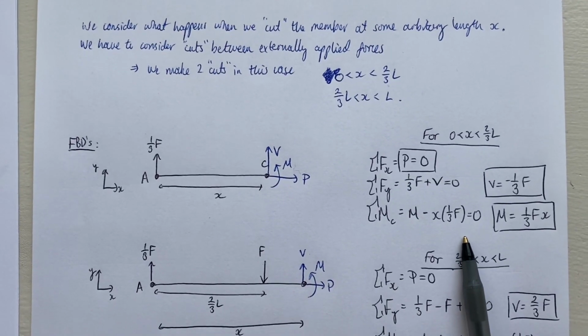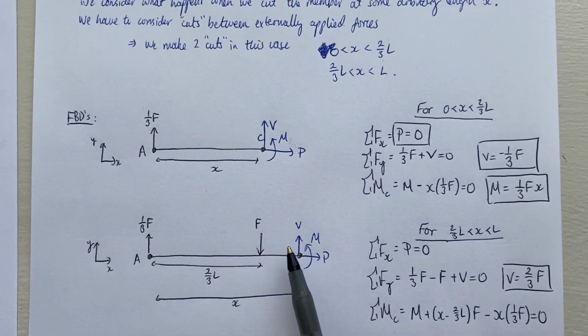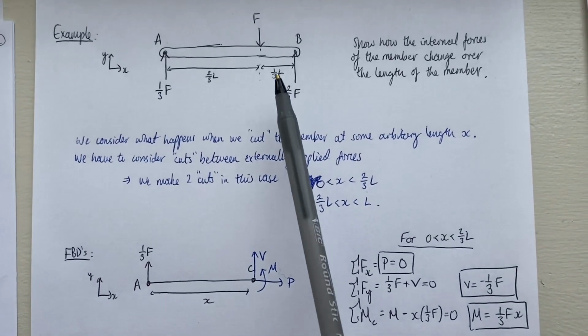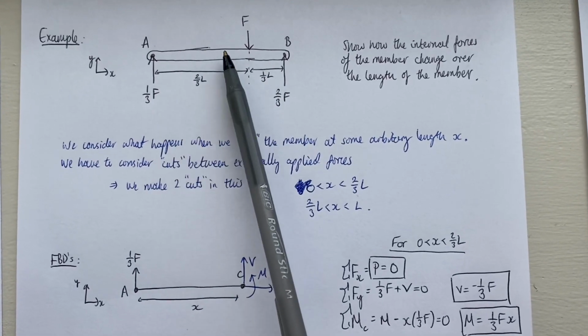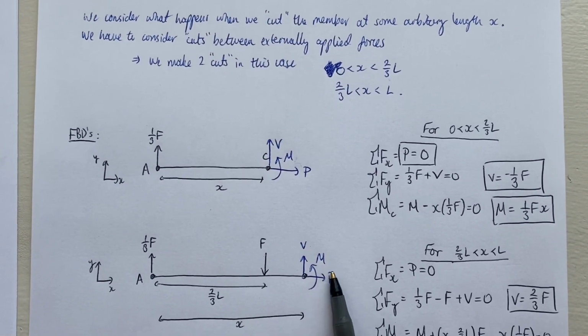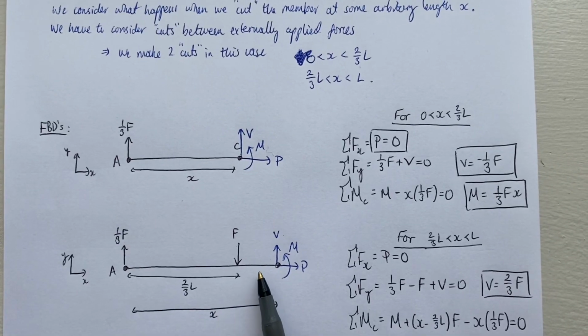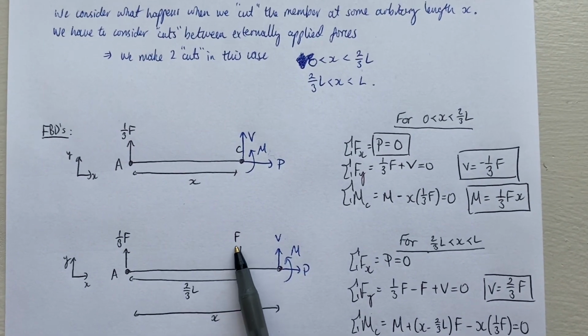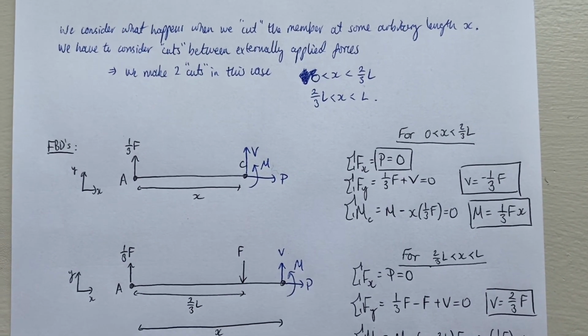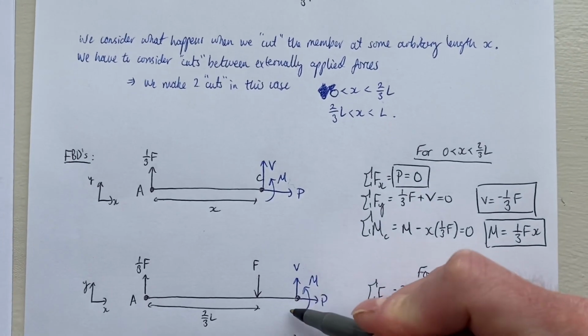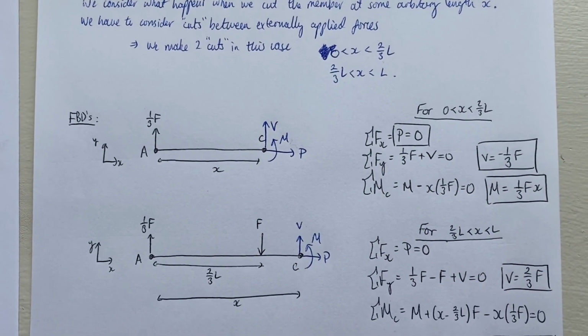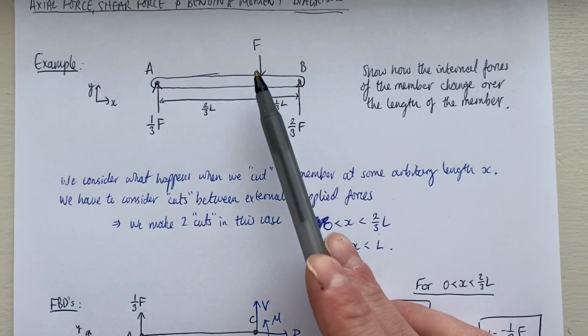And I've done exactly the same thing, but now I've made a cut here between F and B, right? So I've drawn the free body diagram the same way, but this time I've included the force F, and I've cut the member at point C, which is now on this side of F, right?